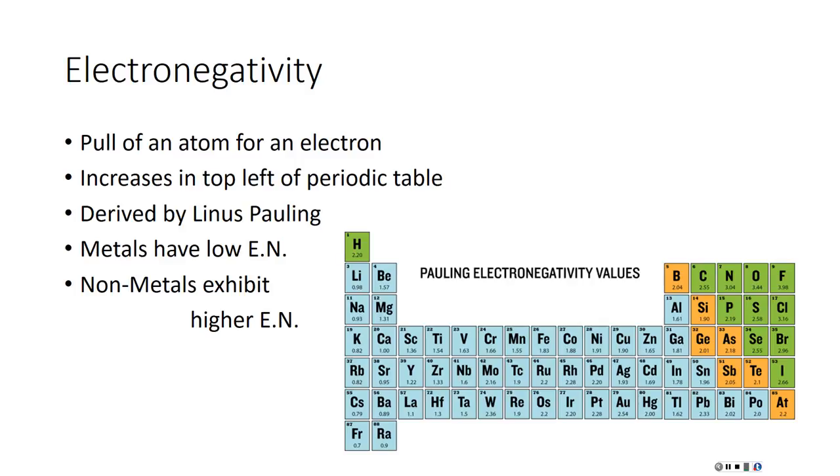He won 1 in chemistry for this work with electronegativity, and he also won the Nobel Peace Prize. After the United States used nuclear weapons in World War II, he's the scientist that organized the world's scientists to petition the world not to use them again. He was the head of that movement.